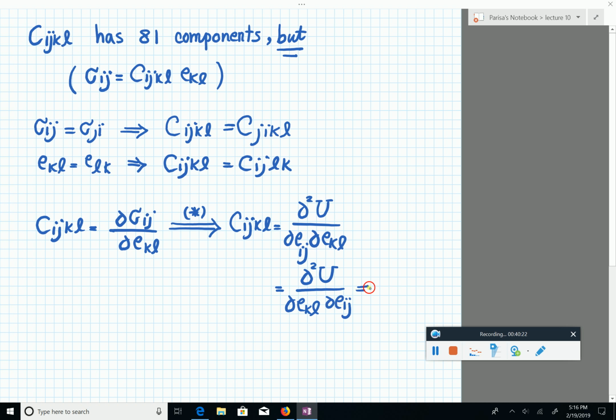And can I write this as KLIJ? So this is another symmetry which was not as obvious as the other ones before, and that's why I had to define very quickly and briefly the strain energy for you.